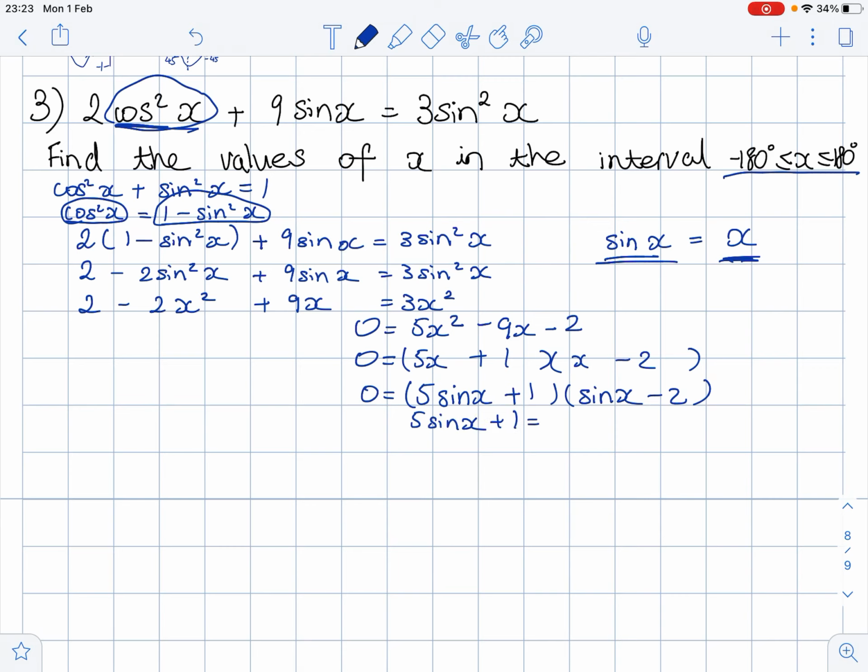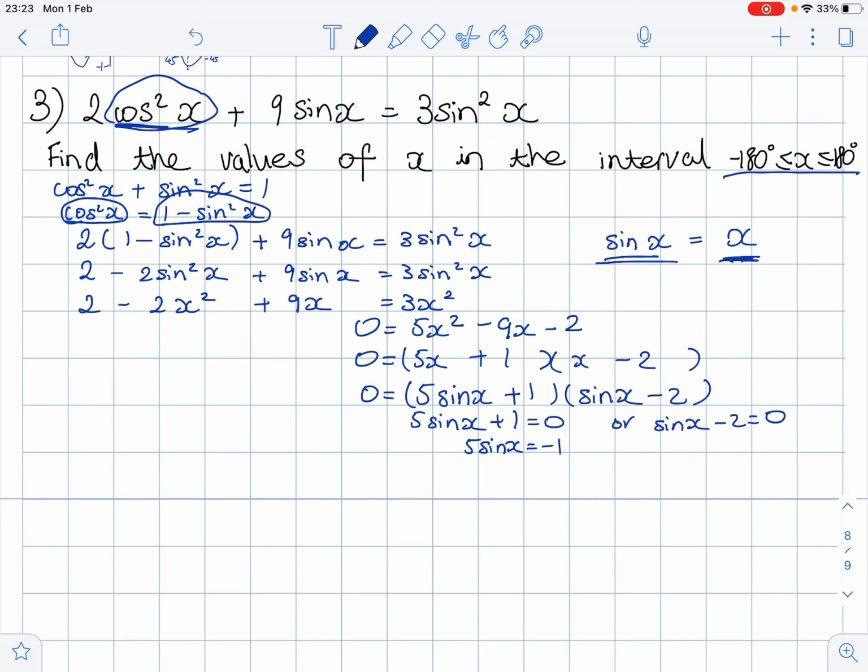So you have 5 sin x plus 1 equals 0, or sin x minus 2 equals 0. So 5 sin x equals minus 1.